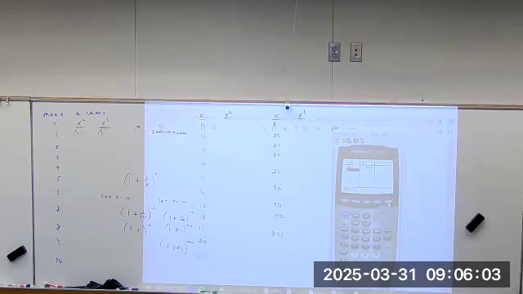And when I punch in 10, I get 2.59. And I go, I'm doing 100. 2.7, it got bigger. 1,000. 2.716.